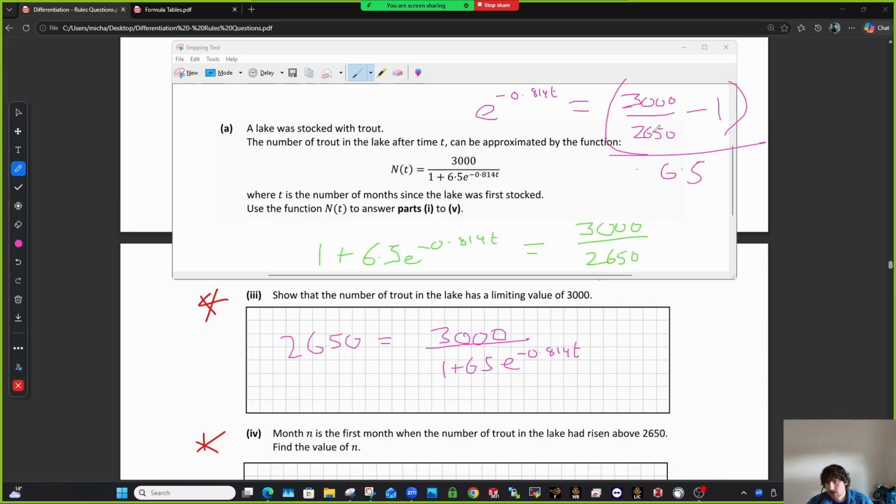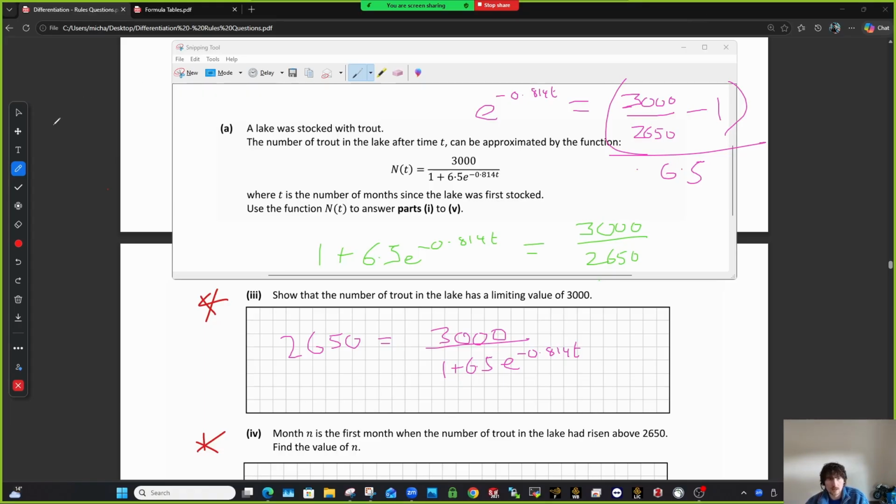That's a number you could type into your calculator, or you can be really aggressive with it and put it into log format. I'd better get a number so that people can follow along. Let me type that into a calculator: 3,000 over 2,650, take away 1, divided by 6.5.